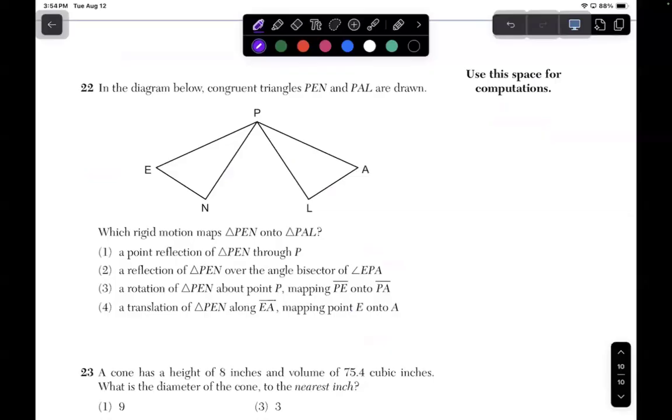In the diagram below, congruent triangles PEN and PAL are drawn. Which rigid motion maps PEN onto PAL? Okay, well, let's take a look. Again, transformation question. Order of the points. This is going counterclockwise.